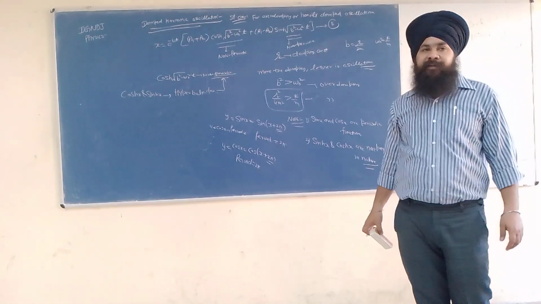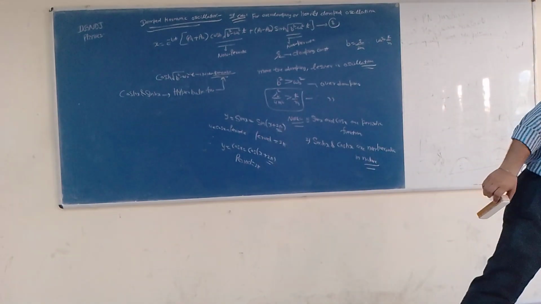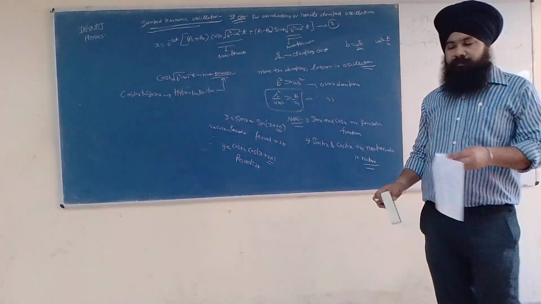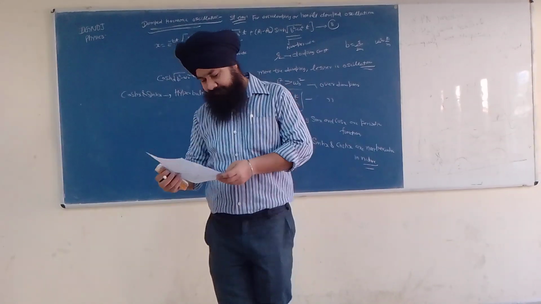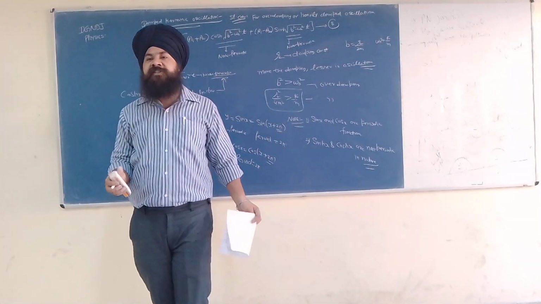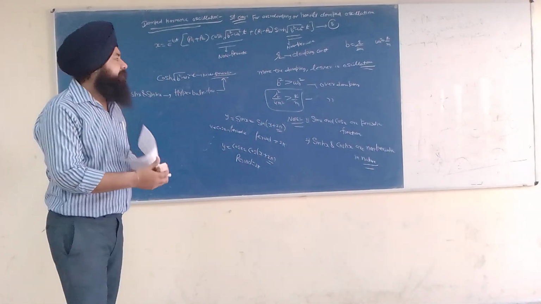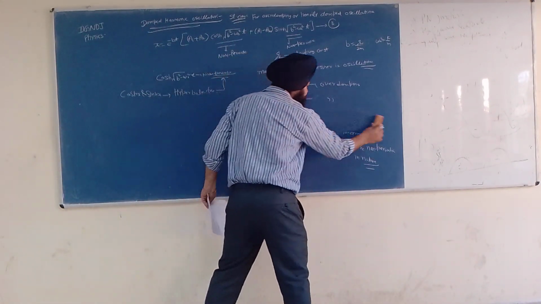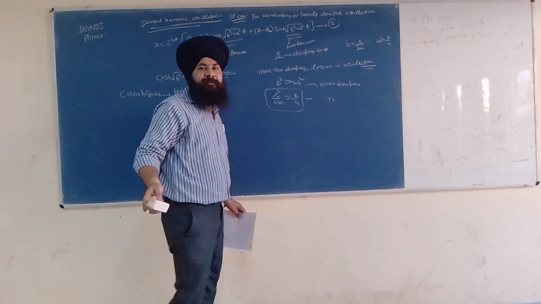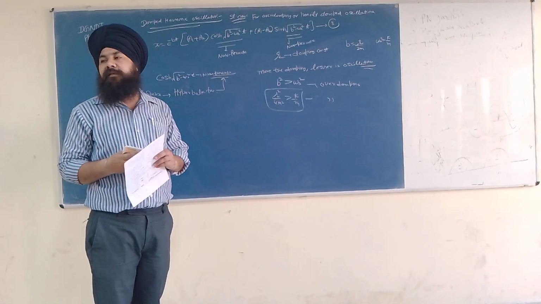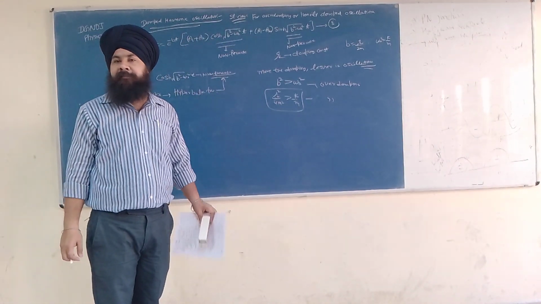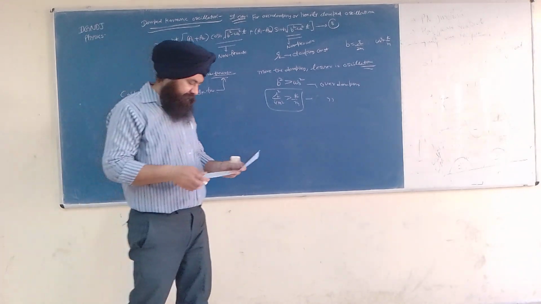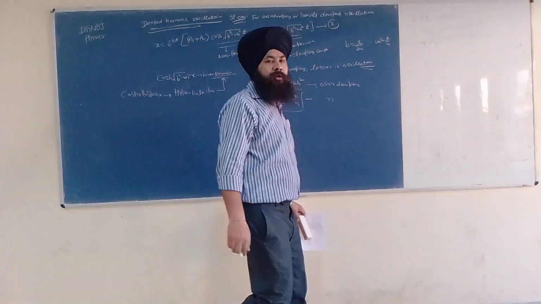Equation 8 also shows that when the oscillation is heavily damped, then the motion is not oscillatory at all.